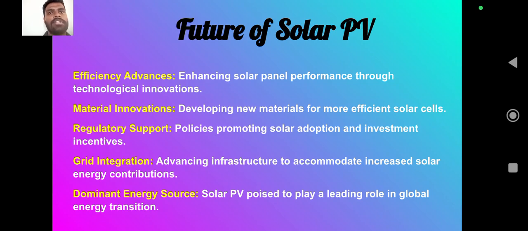And let us see the future of PV. Efficiency advances, enhancing solar panel performance through technology innovations. Material innovation, developing new materials for more efficient solar cells. Regulatory support, policies promoting solar adoption and investment incentives. And the last one is dominant energy resource. Solar PV is poised to play a leading role in global energy transition.